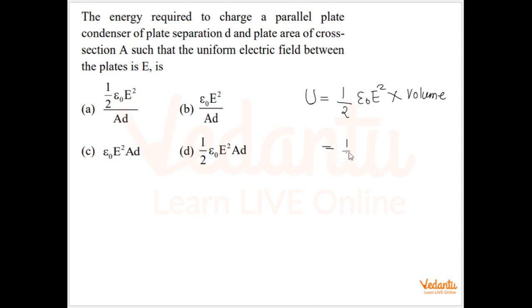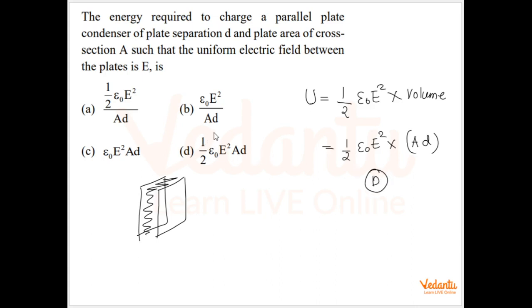That will be nothing but half into epsilon naught into E square multiplied by AD, because the volume of the space in between the two capacitor plates will be equal to A into D, where A is the area of the plate and D is the distance between the two. So option D will be the correct answer.